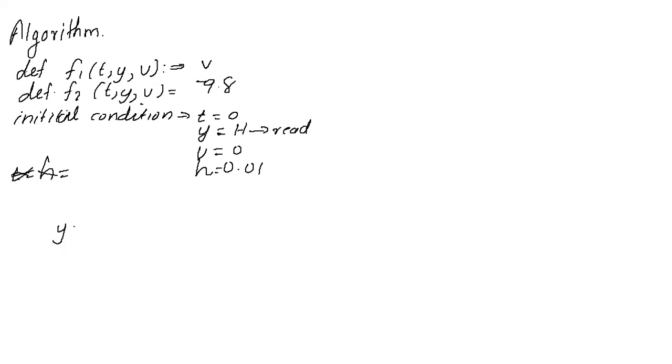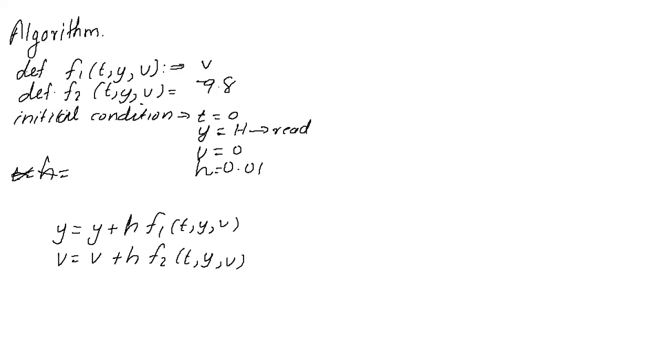You calculate the new value of y as the previous value of y plus h into f1 of t comma y comma v, then the new velocity as the previous velocity plus h into f2 of t comma y comma v, and t is equal to t plus h. If you wish, you may print or plot these results.